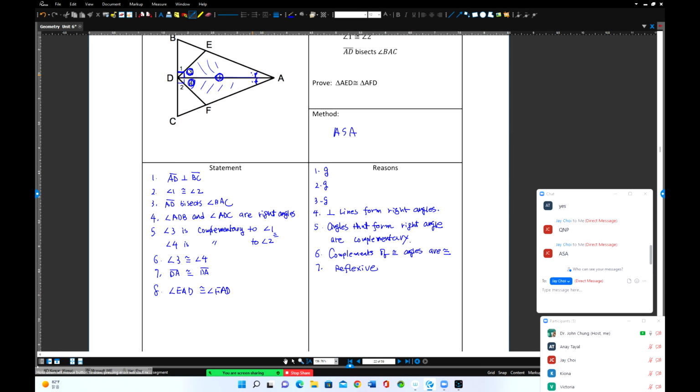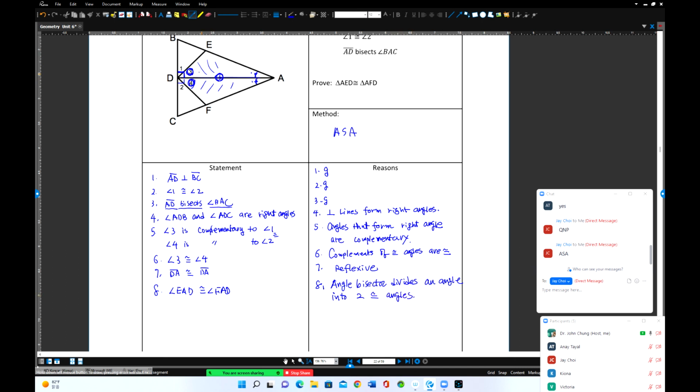These two angles are congruent because of this angle bisector up here. An angle bisector divides an angle into two congruent angles. So here we write down the reason: angle bisector divides an angle into two congruent angles. That's why they are congruent.